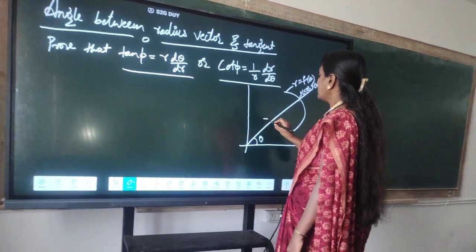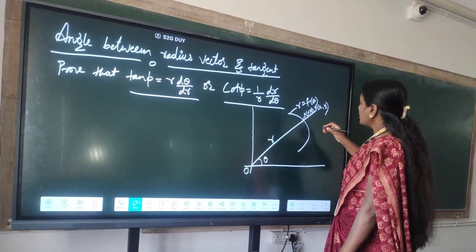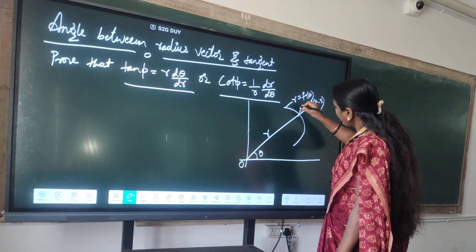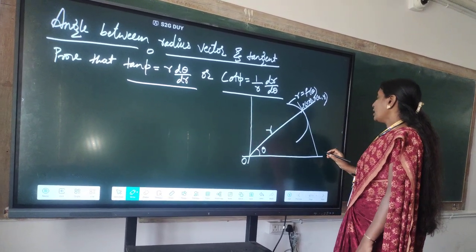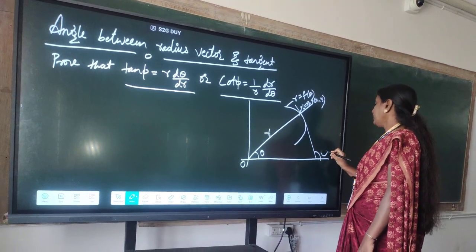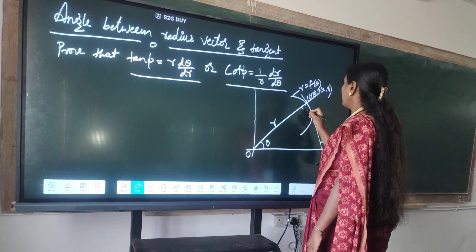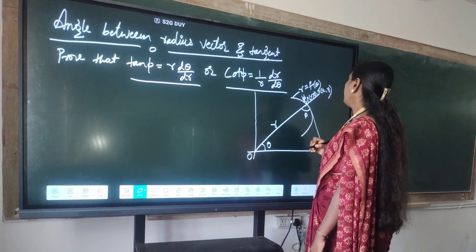As we know, this distance is r, this is your pole. From this point P we draw a tangent line, like this, and this tangent line makes an angle psi, and this angle is phi, and they are the same.